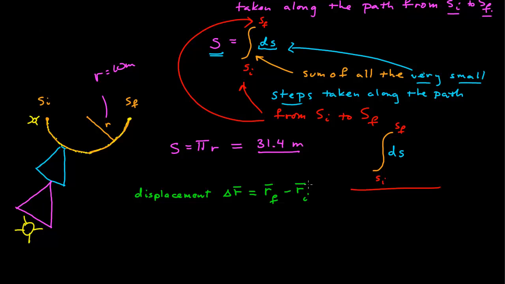Well, assuming those vectors point to positions S initial and S final, then the distance is defined by this notation from S initial to S final of these very small steps ds. And hopefully this is different enough that you should be able to keep these two concepts separate.